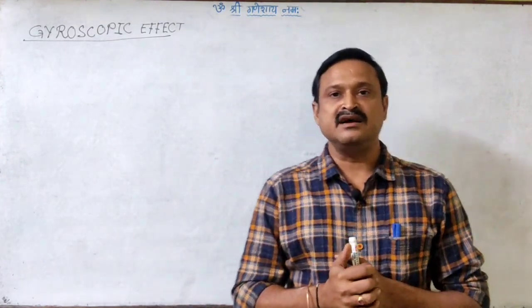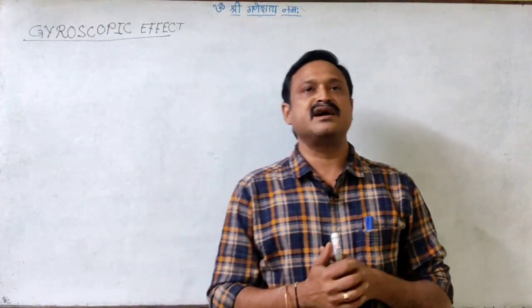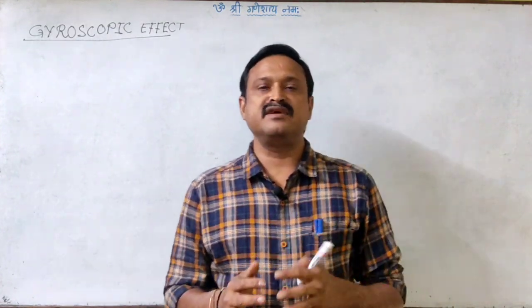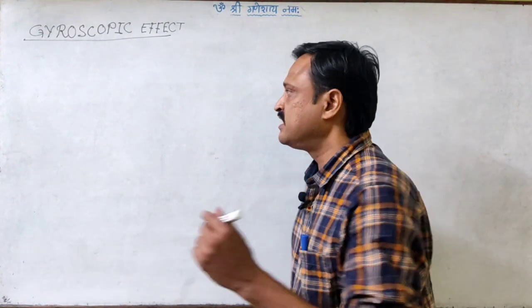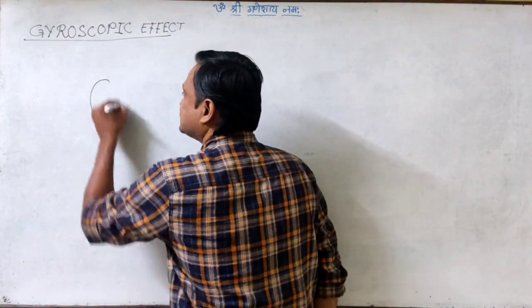That is called the gyroscopic effect, or we say that the body will start precessing about a third mutually perpendicular axis. So we have seen this example.